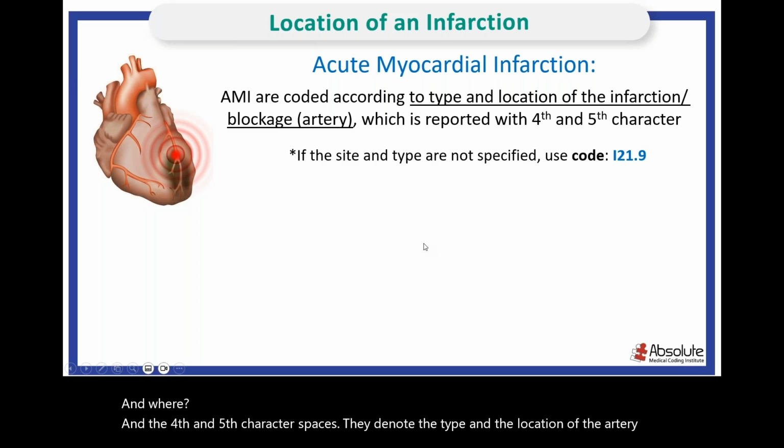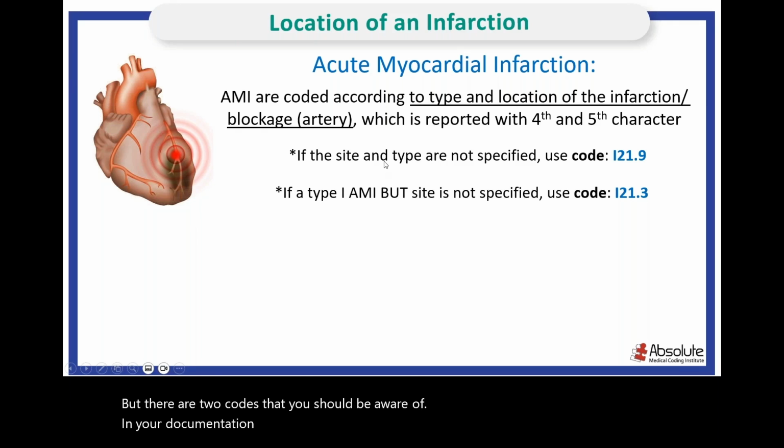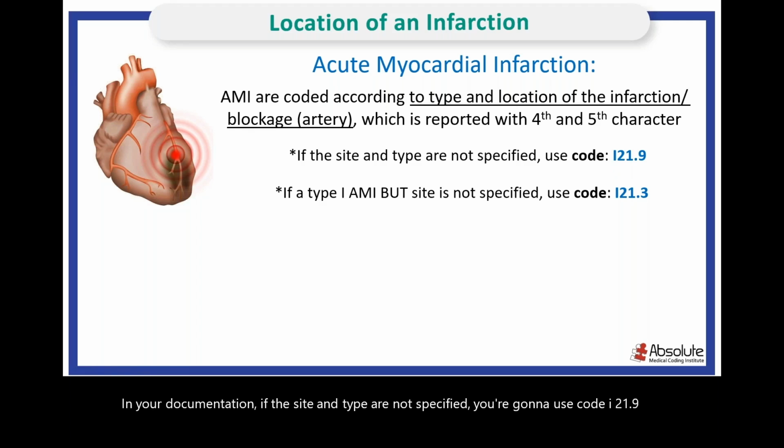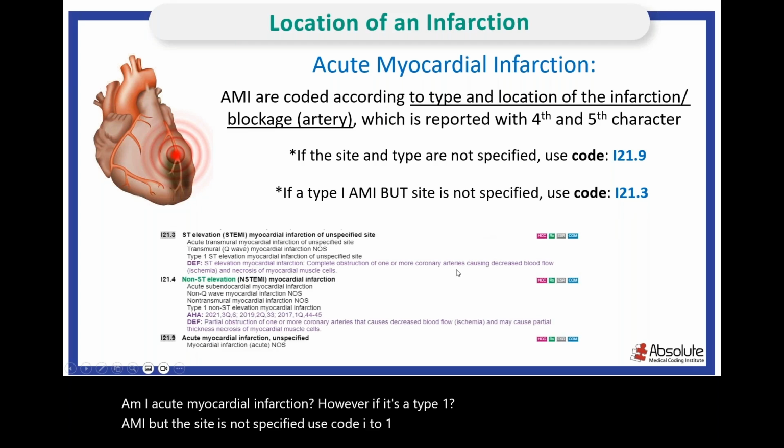But there are two codes that you should be aware of. In your documentation, if the site and type are not specified, you're going to use code I21.9. That's an unspecified AMI, acute myocardial infarction. However, if it's a type 1 AMI, but the site is not specified, use code I21.3, and this is what they look like.